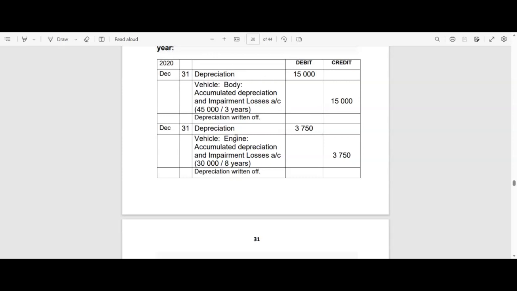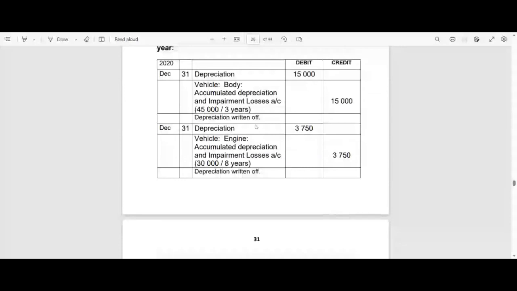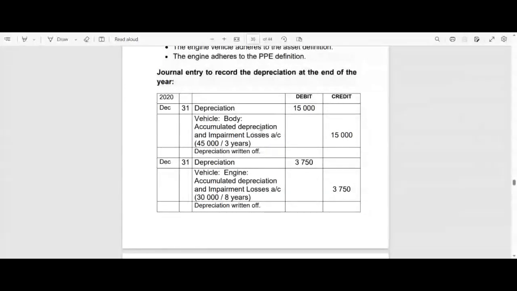So the depreciation on the overall asset is what is going to be disclosed. But because we've identified significant parts with different useful lifetimes, it means that we have to go and calculate the depreciation on each significant part separately, and we have to keep track of the accumulated part thereof.